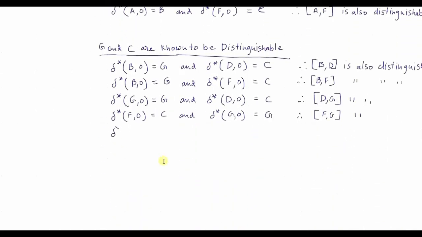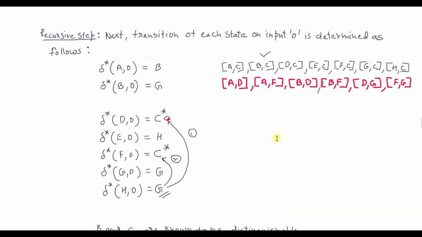Del star of D on 0, it gives you C, and del star of H on 0, it gives you G. And since C and G are distinguishable, I can easily say that pair D comma H is also distinguishable. So I will be adding this pair D comma H to the already existing list.